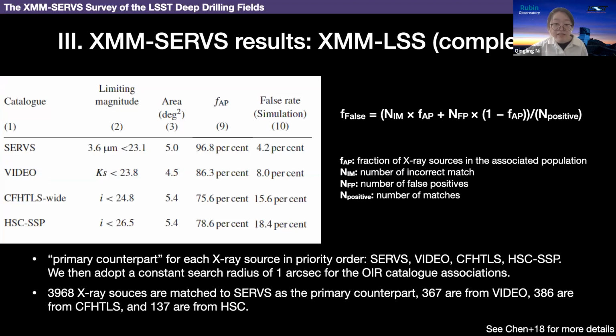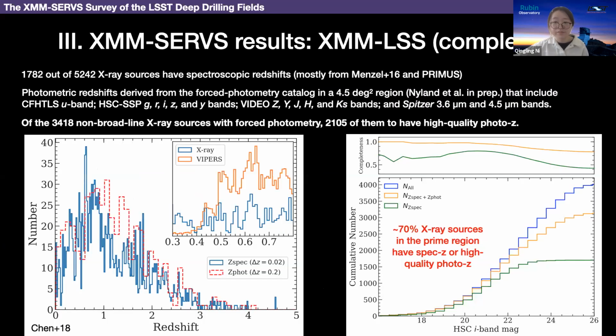After selecting these primary counterparts, we adopt a constant searching radius of 1 arcsecond to associate the primary counterpart with objects in other optical and near-infrared catalogs, as those catalogs have smaller positional uncertainty. Most of our X-ray sources are matched to SERVS as the primary counterpart.